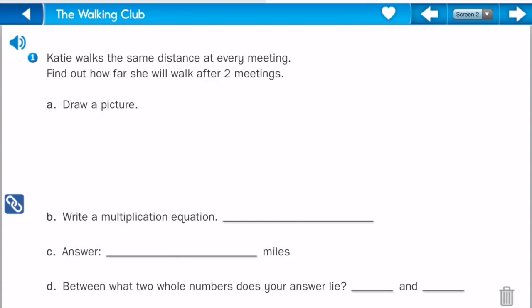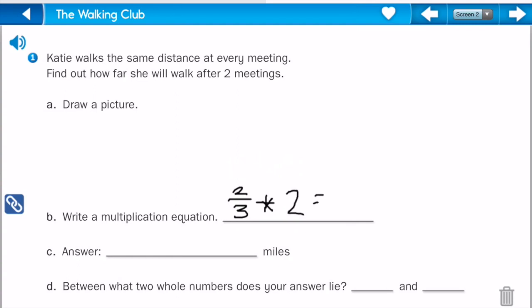So let's start by doing our equation. So we know that she walks 2/3 of a mile. And they want to know how far she will walk after just 2 meetings. So we're going to multiply that times 2.